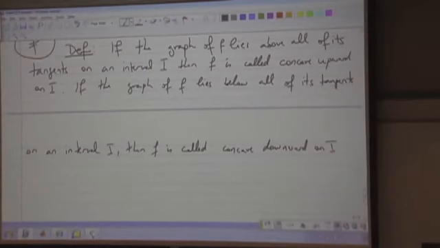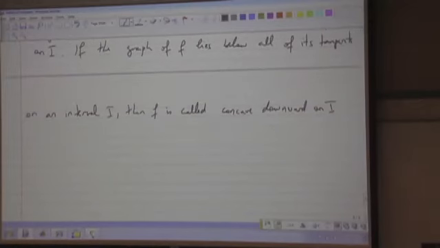This definition might seem a little confusing. What does it mean for all the tangents to lie below the graph? Think about if you have something like this, then all the tangents are below the graph.